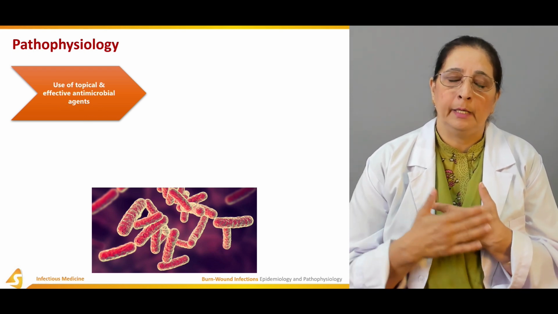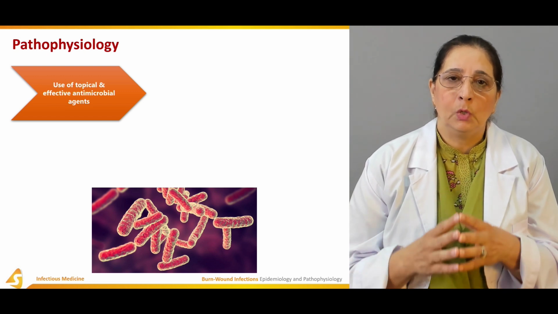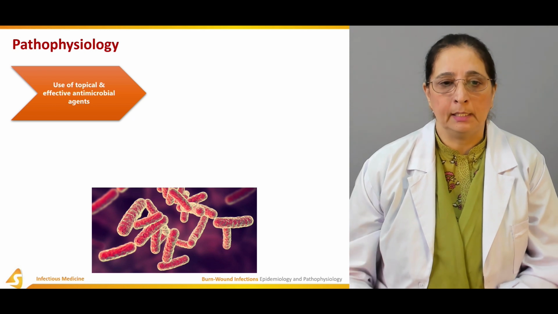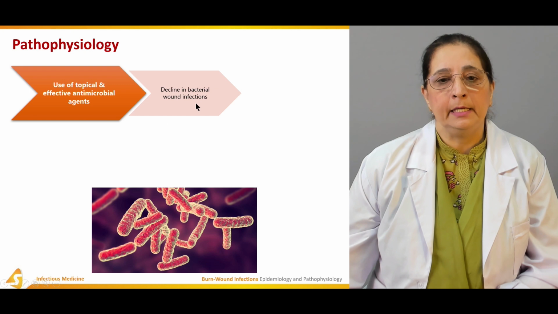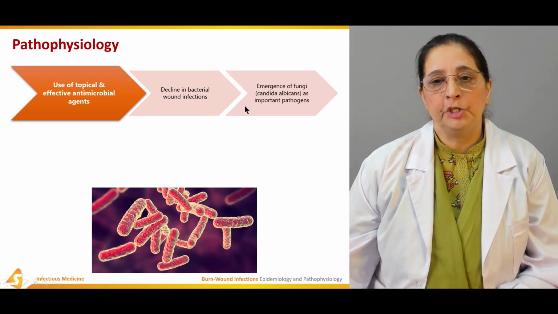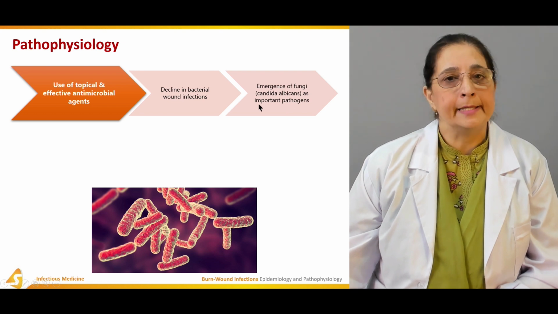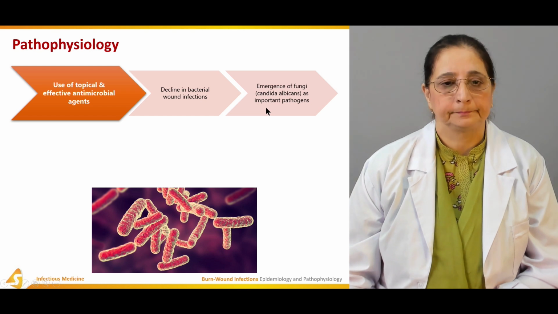Topical are the drugs which are applied locally on the skin. So topical antibiotics lead to a decline in bacterial wound infection, and emergence of fungi, Candida albicans, as important pathogens.